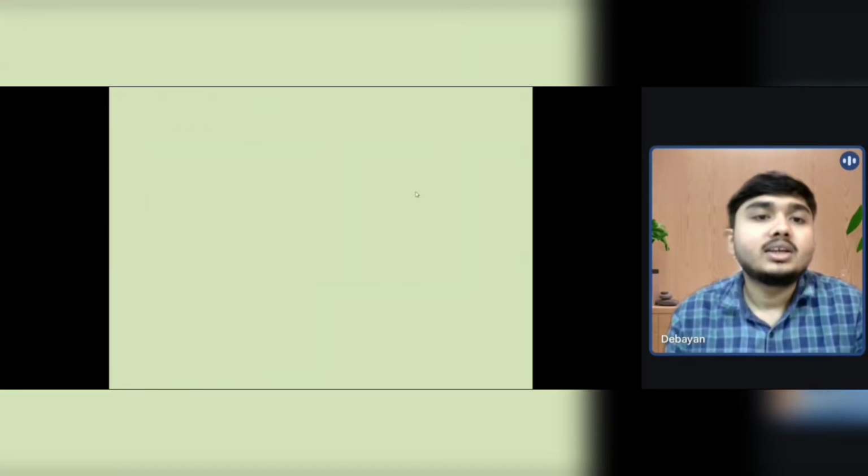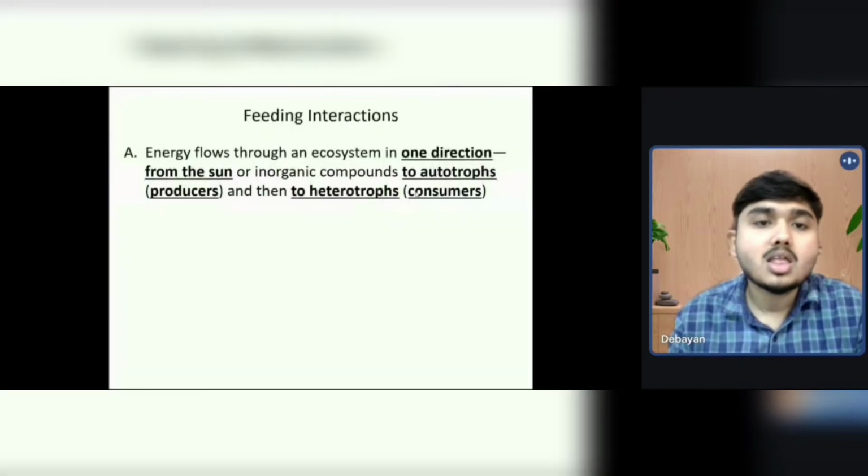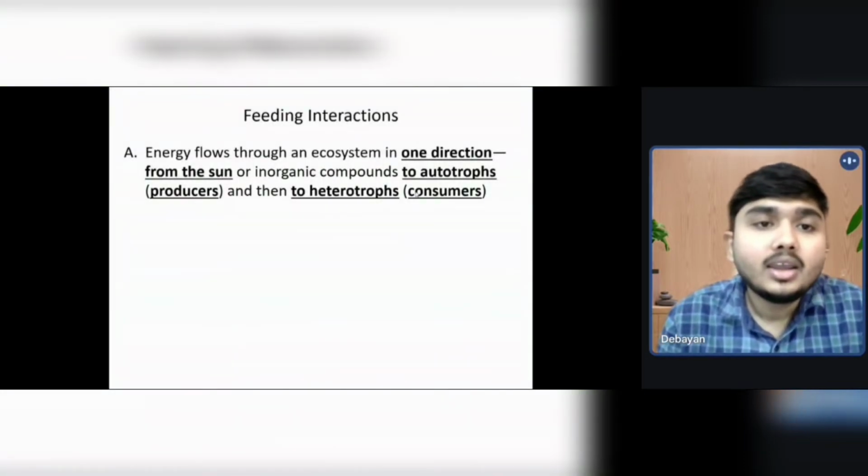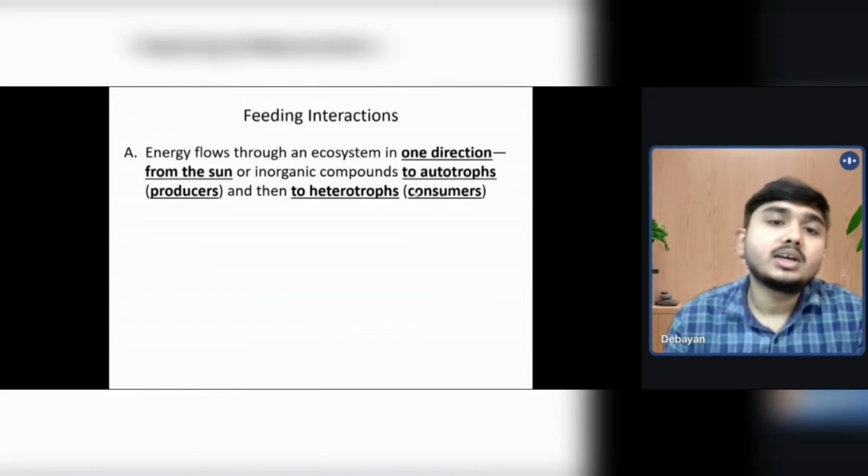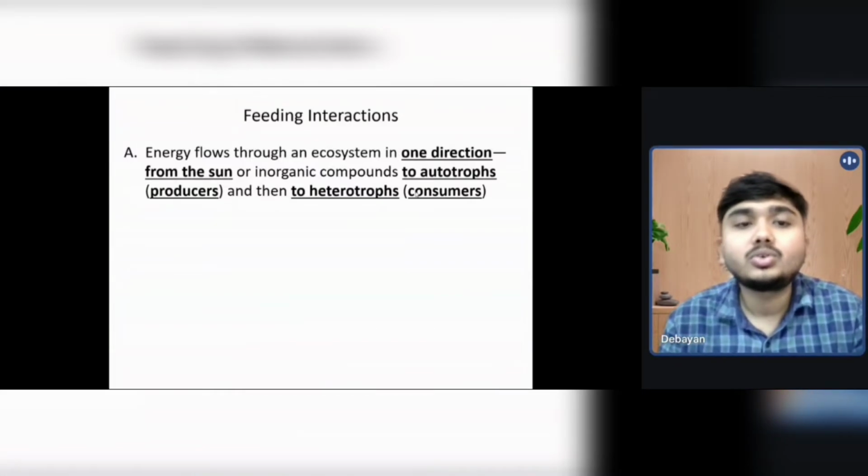Feeding interaction. Energy flows through an ecosystem in one direction, from the sun or inorganic compounds to autotrophs and then to heterotrophs. That means a single line.